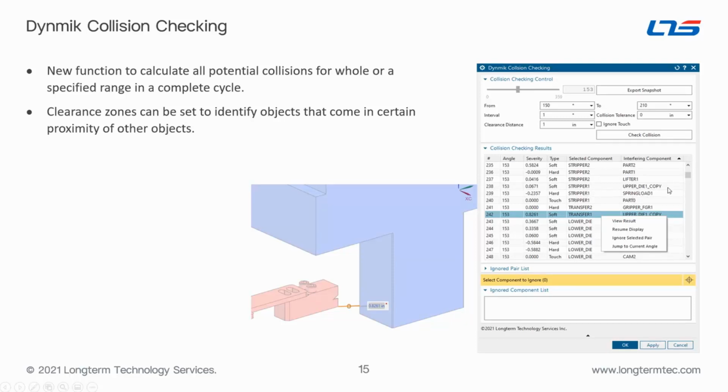Maybe let's say the stripper and upper die you have verified, nothing to worry about. You can ignore that altogether, right? So nothing for those two pairs will be shown in this result. It will be put under the ignored pair list, right? You can also use ignore components. So maybe before even running the collision checking, you can ignore literally the components from being checked, right? So that's there.